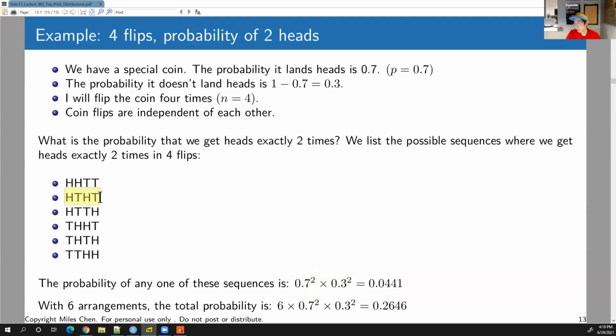Any one of these other arrangements is also 0.7 squared times 0.3 squared. Therefore, the total probability of any one of these 6 possibilities happening is 6 times 0.7 squared times 0.3 squared, which is 0.2646.